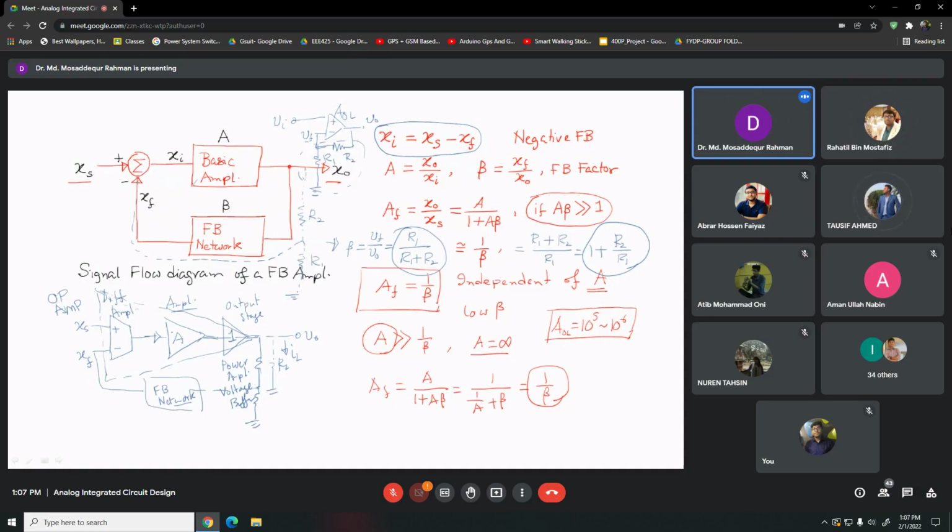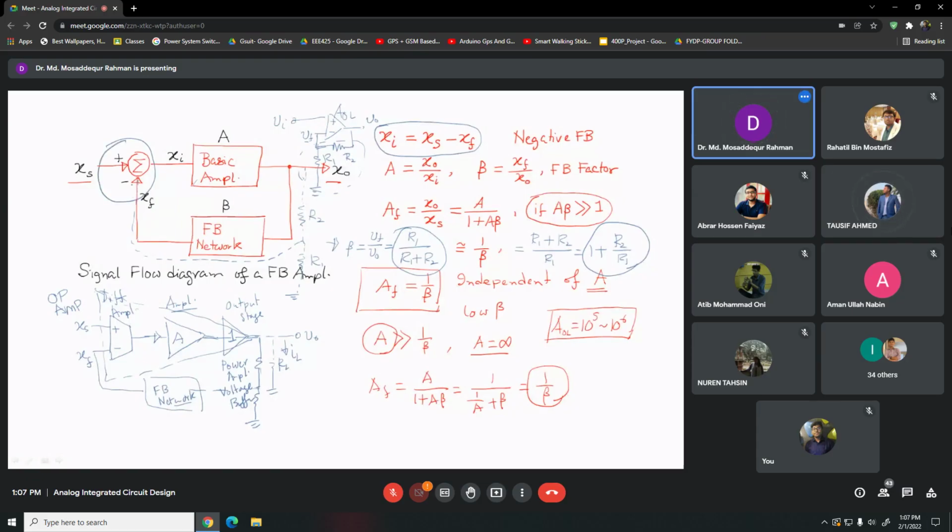Sir, what is at the left of the op-amp? Is it a gate or something, sir? The input side, right? Input side that we call that, so we need to take the difference of the two signals, right?